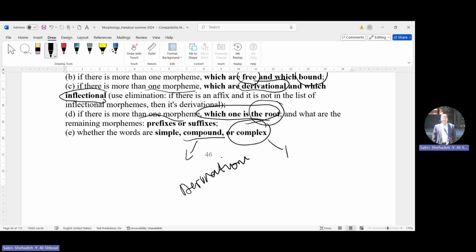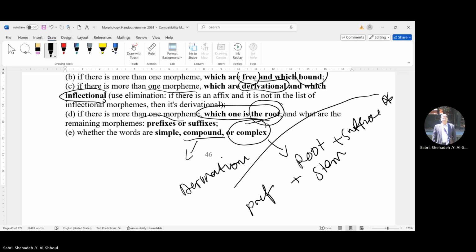Here, when we talk about complex, we talk about a root or a stem plus suffixes or prefixes, or sometimes circumfixes, right? Or sometimes we have interfixes within the form itself. But with compounds, for example, we have compounds like crazy horse, right?